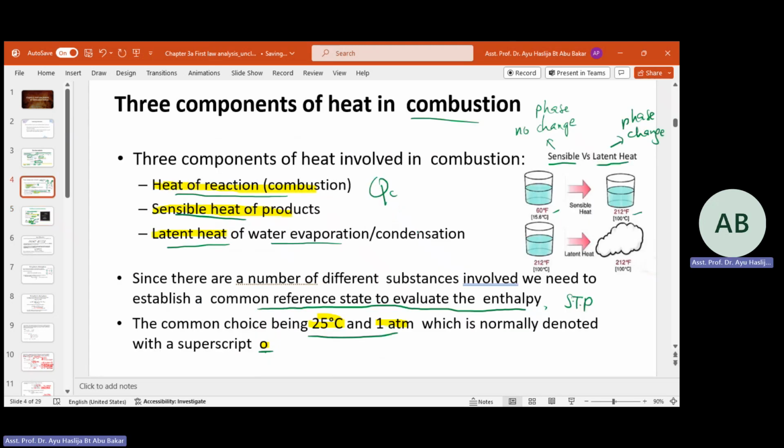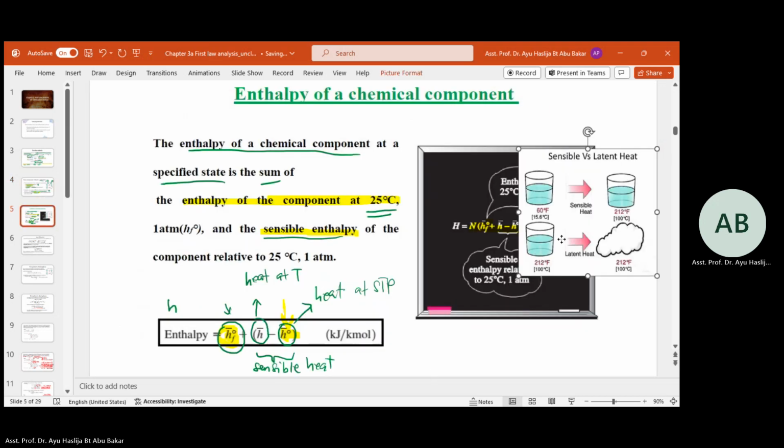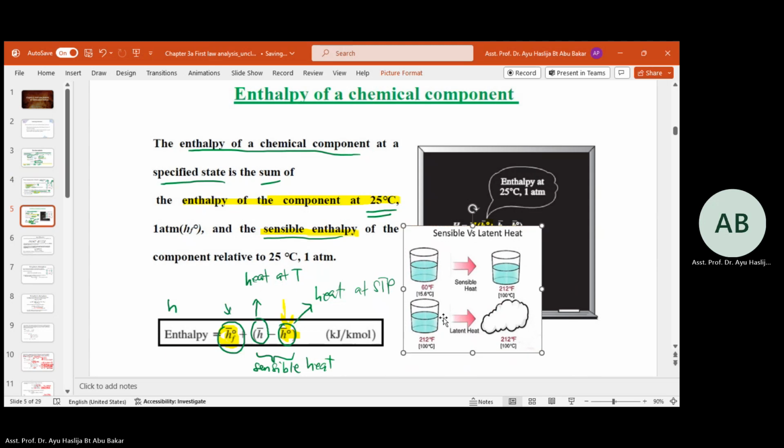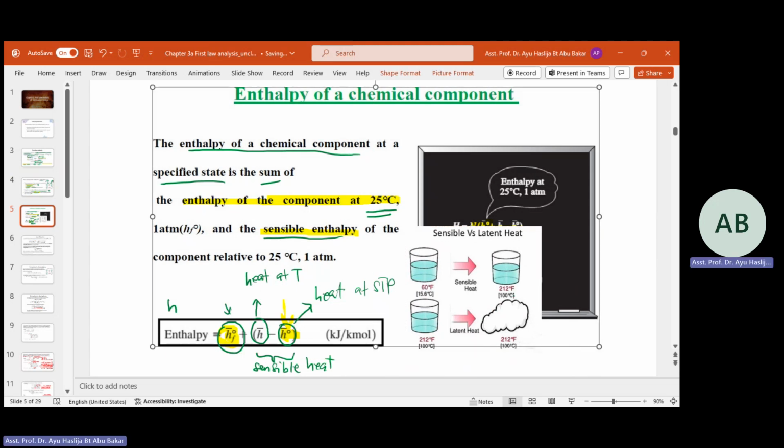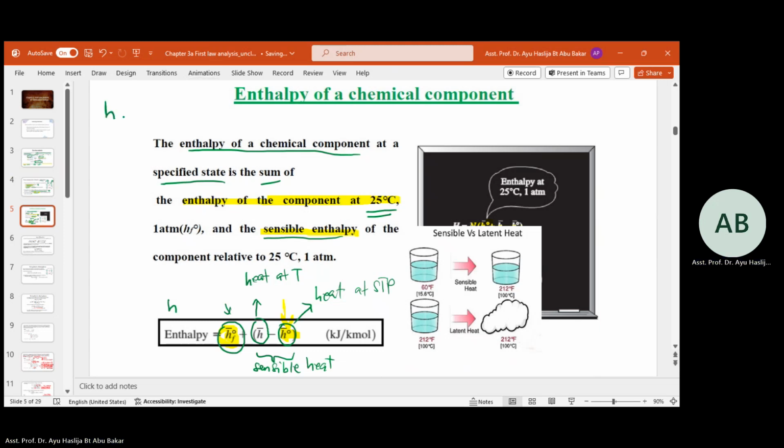Okay, from ini, saya copy this figure. So for example, dalam figure ni, kita guna water kan. So, liquid. So, enthalpy of the liquid, enthalpy of the water, equivalent to HF of the water, H2O.